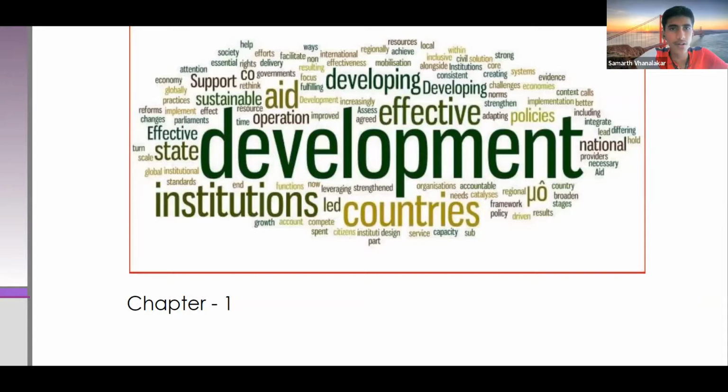Different people, different goals. That was development for one, maybe destruction for the other. So that was the dam example that we spoke about.